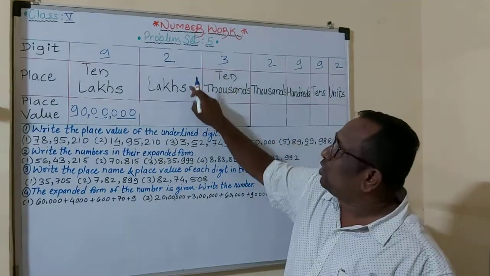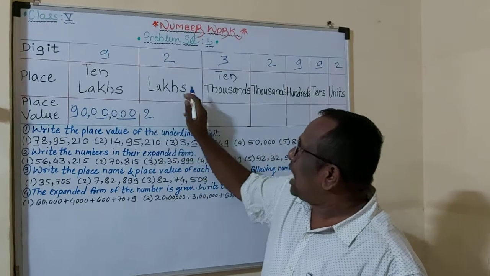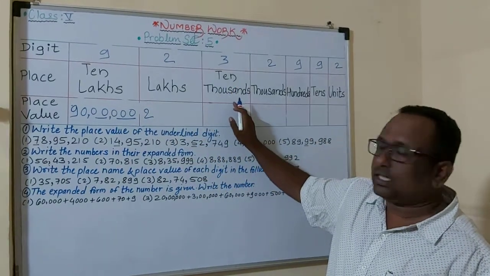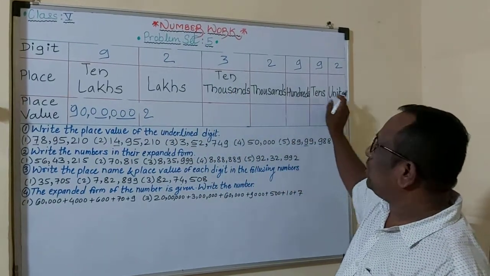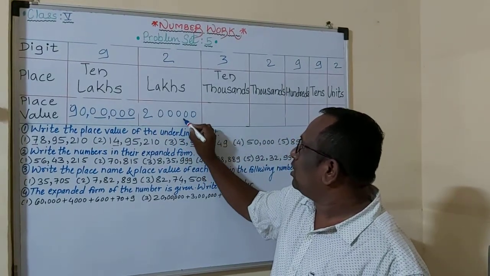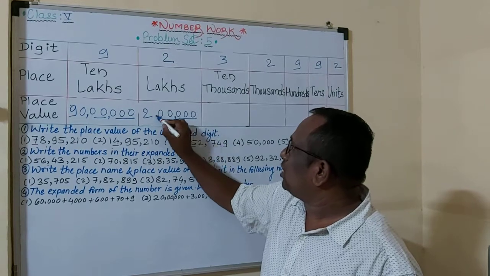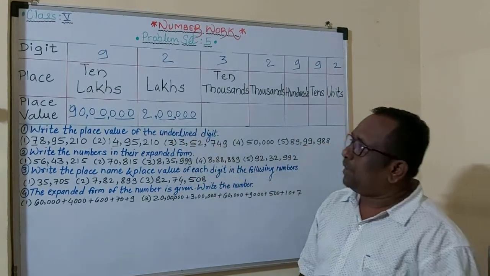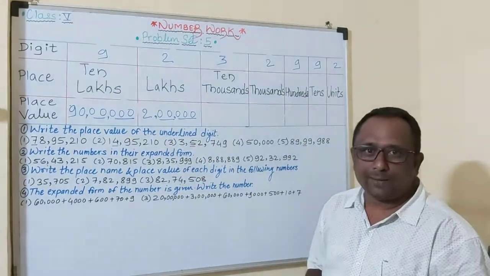Where is 2? 2 lakh. After 2, how many digits are there? 1, 2, 3, 4, 5. So give five 0s, then comma. So the place value of this 2 is 2 lakh.